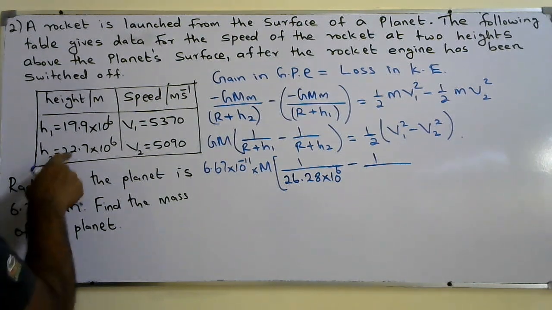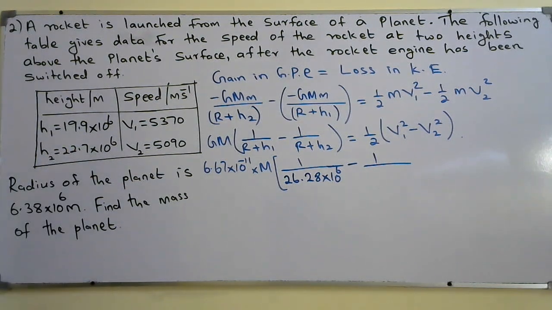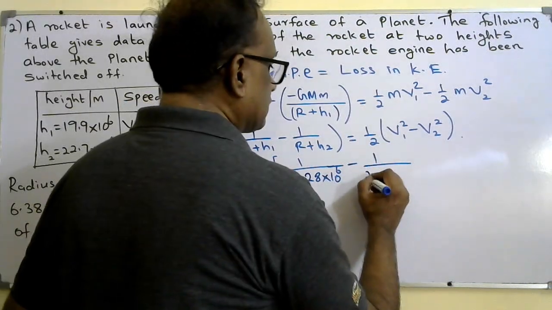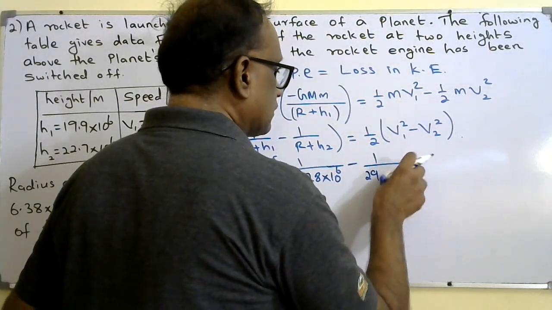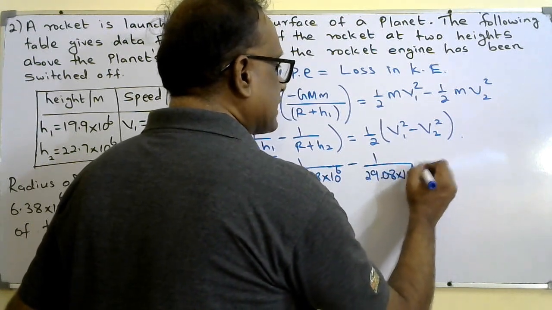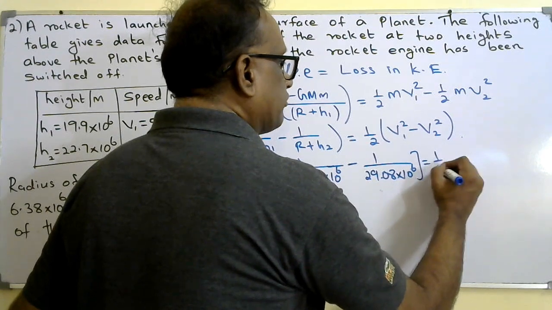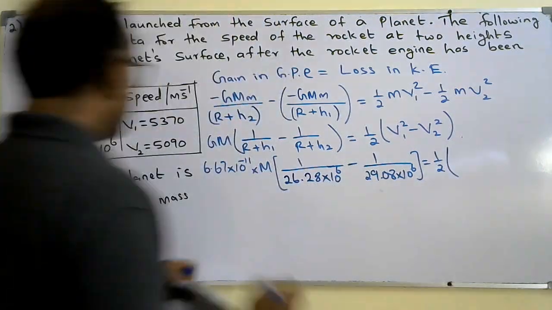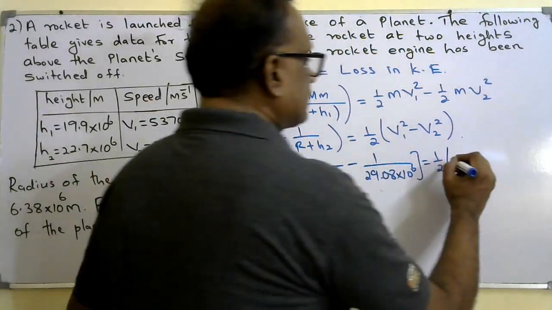That will be 29.08 into 10 to the power 6, equal to half into V1 squared, 5370 squared, minus 5090 squared.